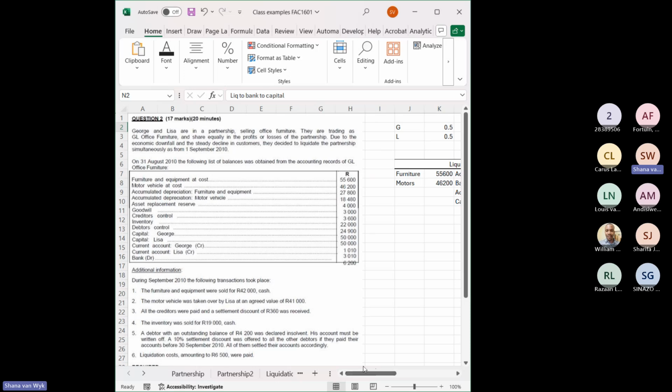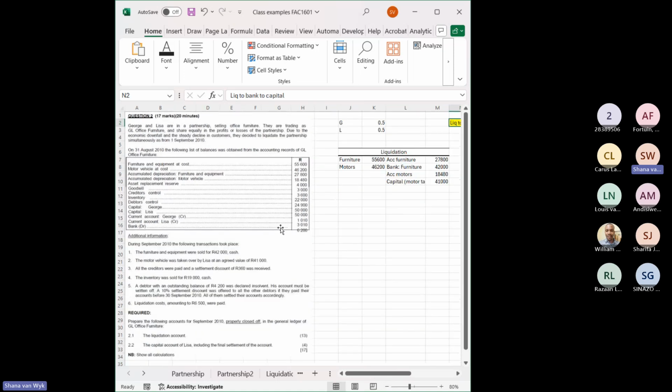Motor vehicle taken, 2 is done. 3. All the creditors were paid and a settlement discount was received. Let me just quickly go to creditors control. What is that? 3,600.